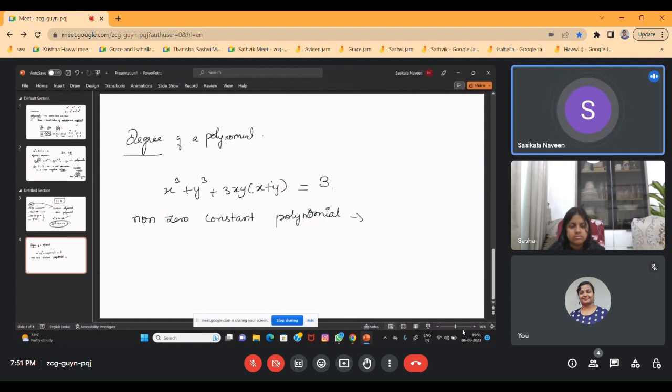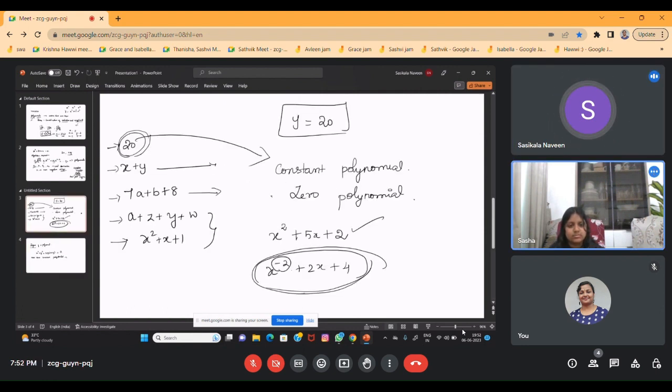What's the degree of this kind of polynomial? What is constant polynomial? Constant polynomial is like a real number. Any number without variable, right? That is constant polynomial.